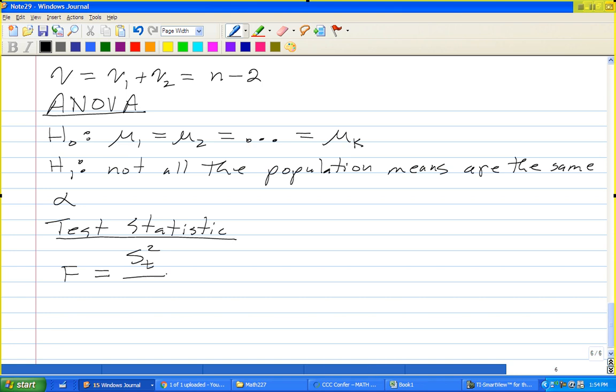the sum of the squares for the treatment over the sum of the squares of the error.